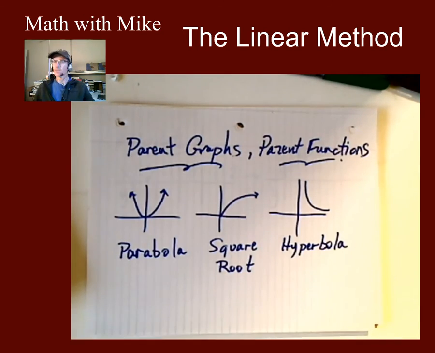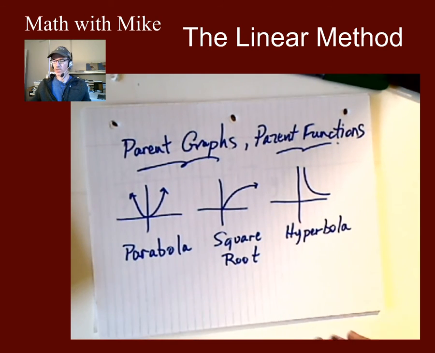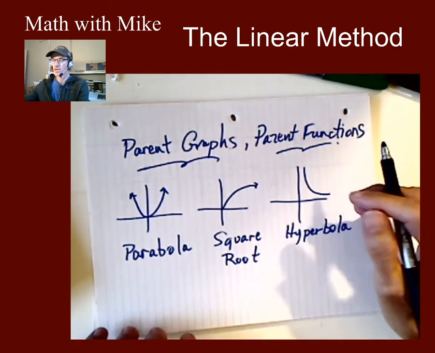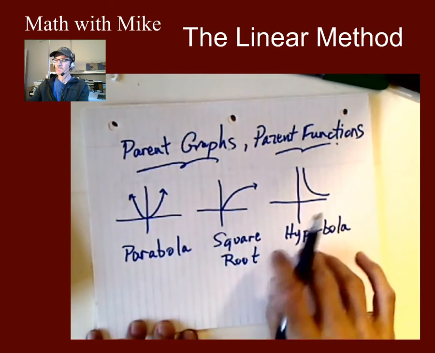So, a reminder of the parent graphs and parent functions that we saw the other day. These are 3 of them, and I'm going to suggest probably the 3 ones that we're going to use in class, or at least 3 of them that we're going to see. There are more, as you saw, so depending on your future situations, you might use them, but for now we got these.